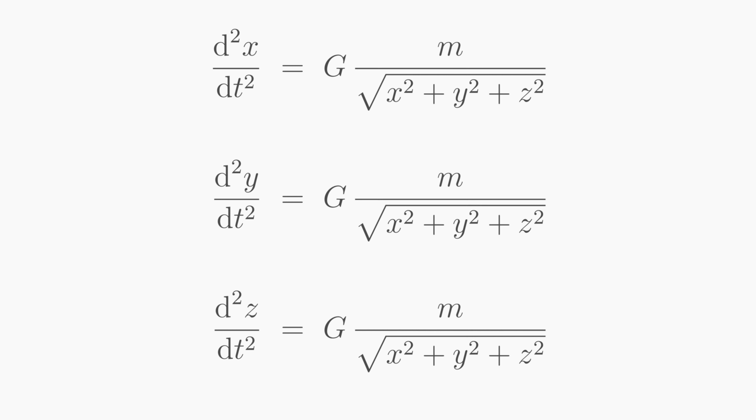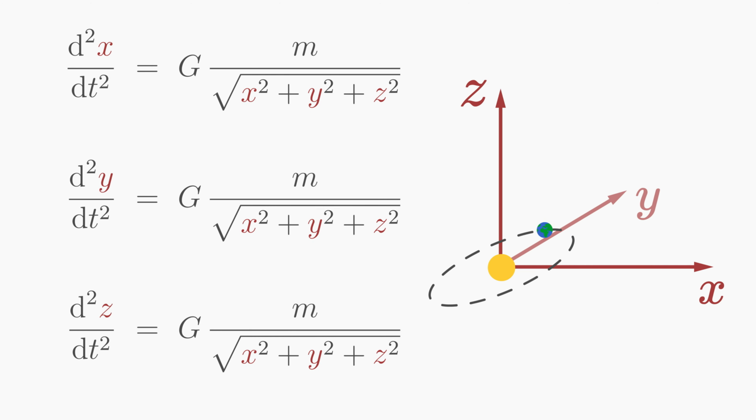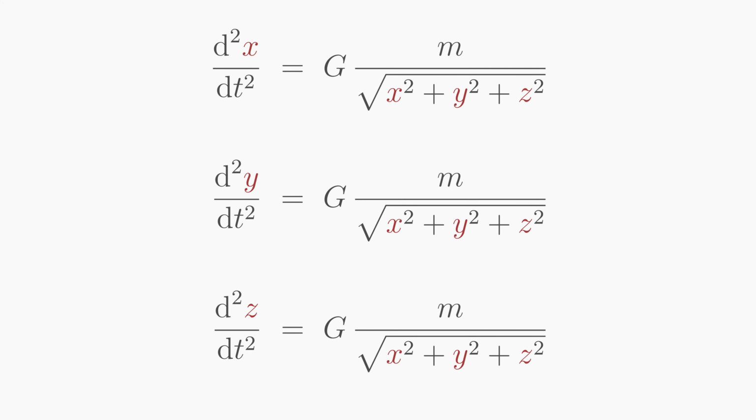In fact, 3 functions are searched here, namely the trajectories x, y, and z, which determine the position of the mass in 3-dimensional space. Each function describes the motion in one of the 3 spatial directions. And all 3 trajectories depend only on the time t.